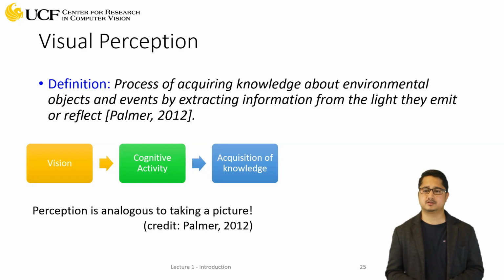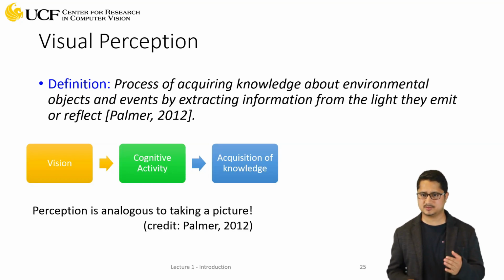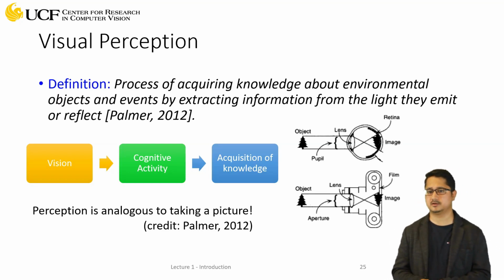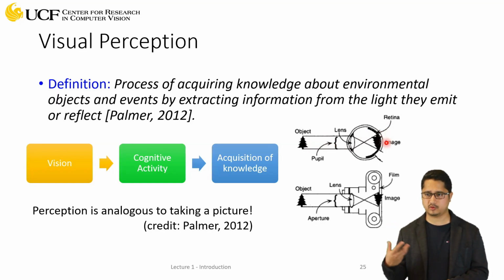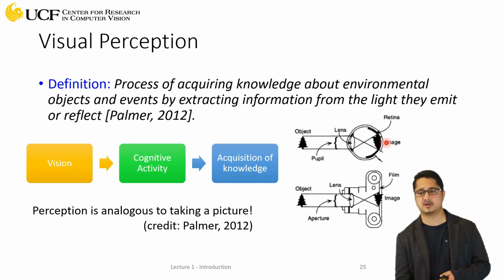If you compare this with how we take photographs, there is some analogy there. In the figure on the top, you can see a model of an eye. For example, we have this object, a tree, present there. When light is reflected by this object, it passes through the lens. An inverted image of this object is formed on the retina, and then our brain processes that image and makes an interpretation, such as this object is a tree.